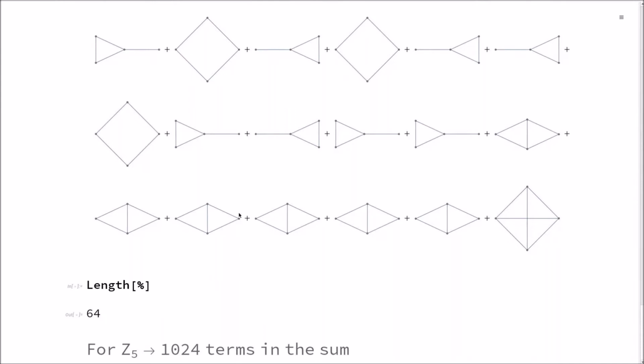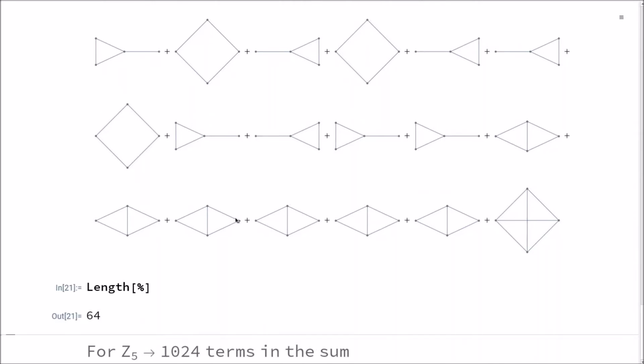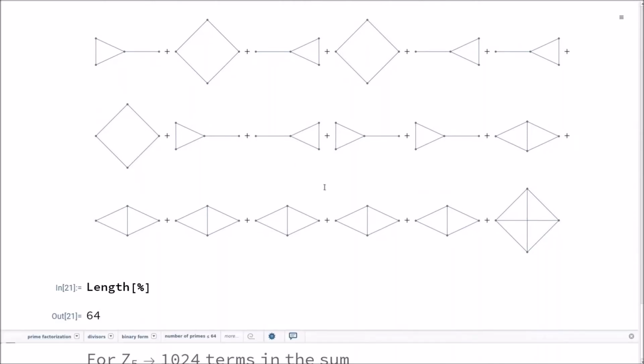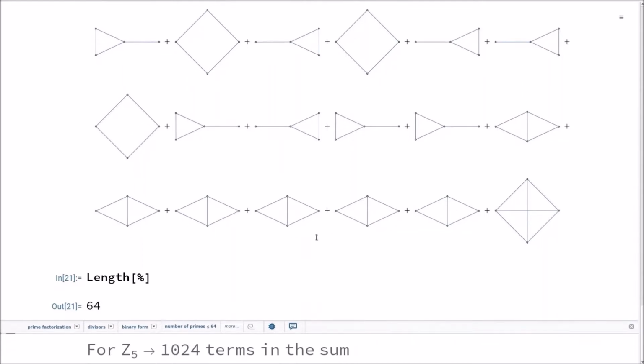But as we see, this is already quite long. These are 64 diagrams, and by collecting and combining these together, we can simplify this. Going to the next order would become already quite messy. We would then have over 1,000 terms in the sum, and going even higher will be even more cumbersome.